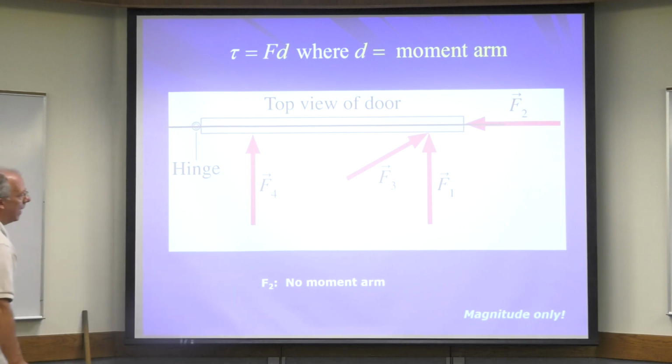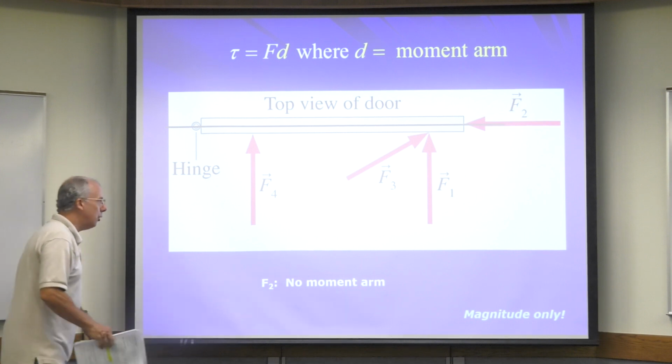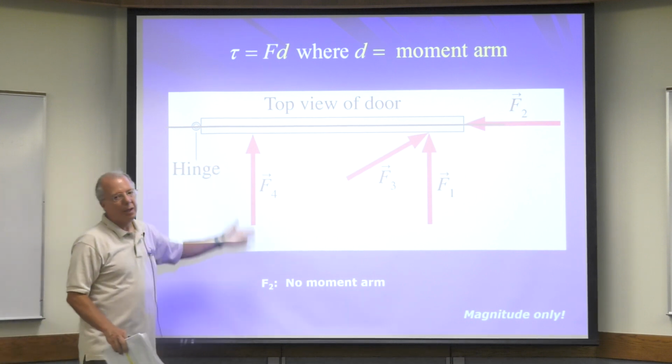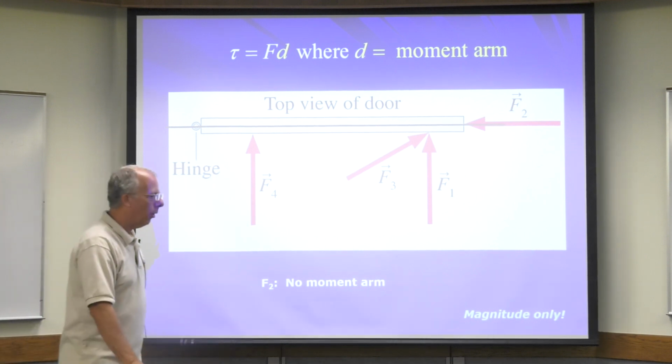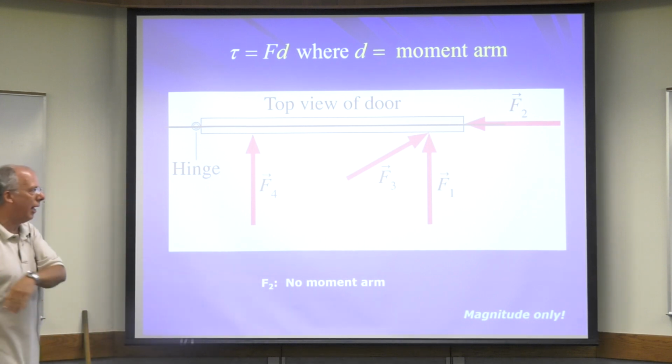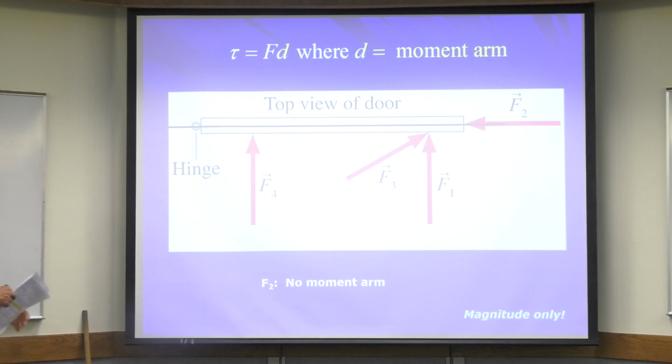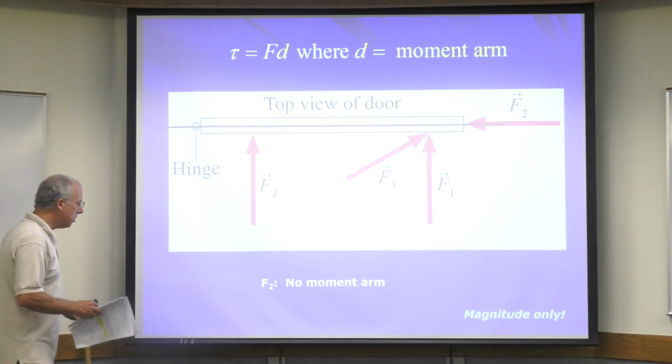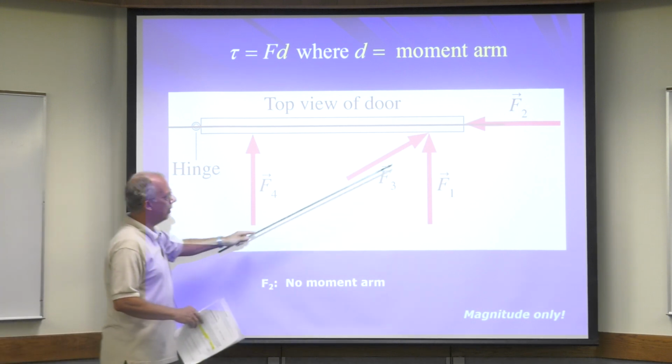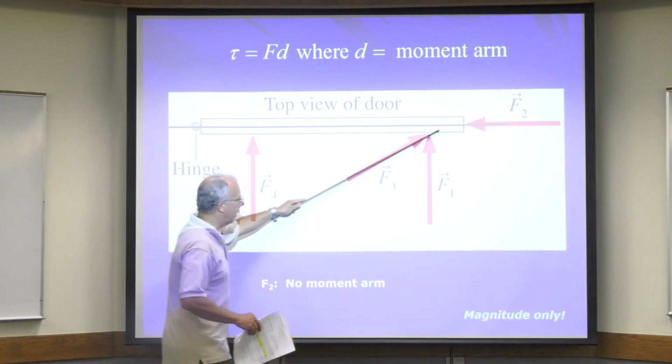How about F3? I wish we were in class because I would have a student come up and show everybody where the lever arm is for F3. So pause your video and figure it out. Again, what's the step? You extend the force to make the force line as long as you need.